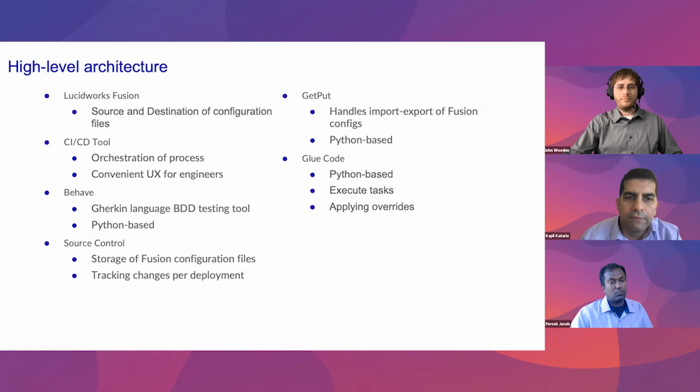And definitely we are using the get put app from Andrew, which is the key source, to extract all the configuration files from one Fusion environment. Then we download those configurations, store them in source control, and update the configurations needed based on the target environment. Next slide, John.